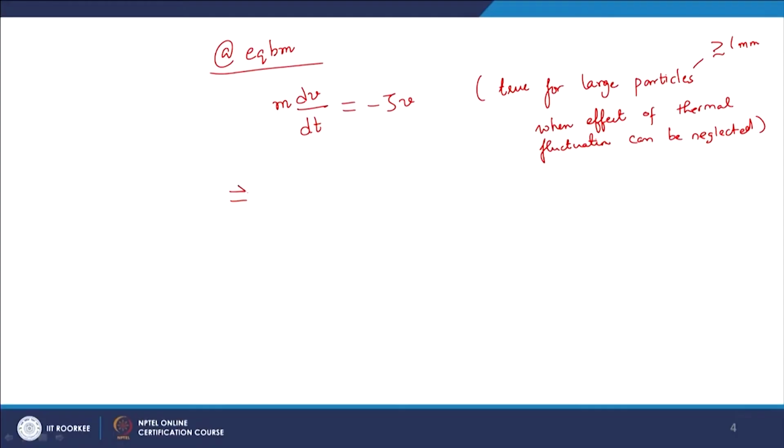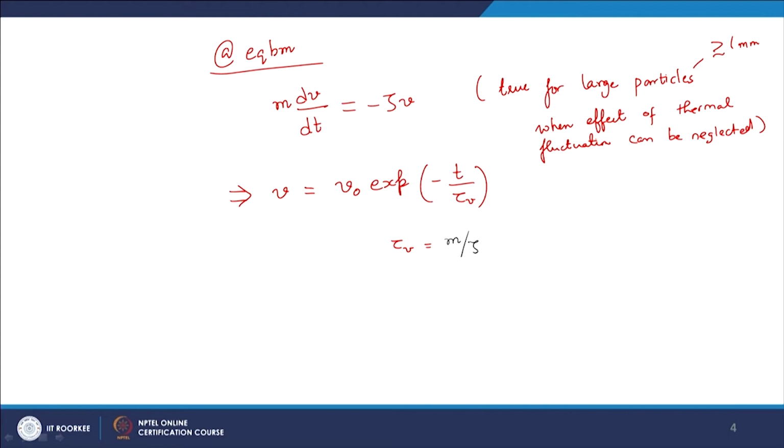So, if we only have the drag force acting, and if I solve this equation, what I would get is V is equal to V naught exponential of minus t by some constant tau v, where tau v is given as m by zeta.